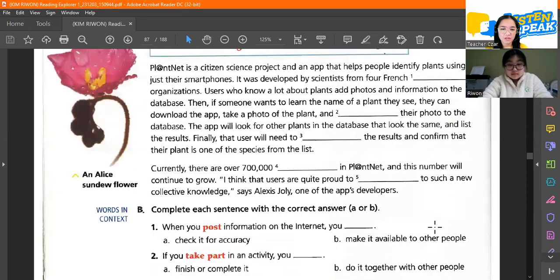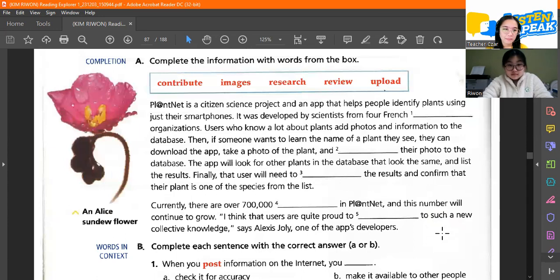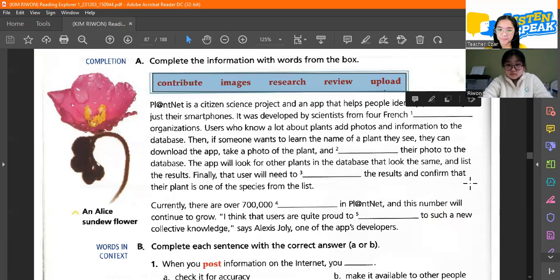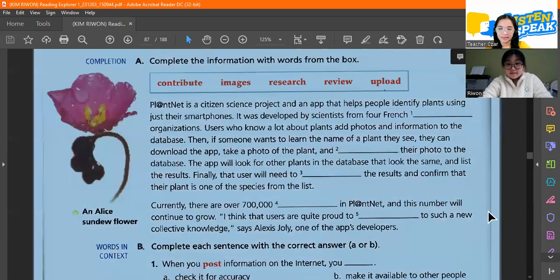So here we will first talk about flowers. On this activity, we will be having a completion where you need to complete the paragraph below by using the provided words here inside the box. Ready? Okay.